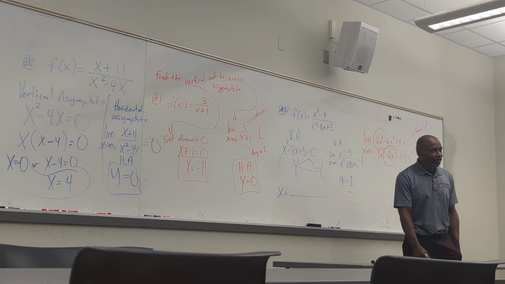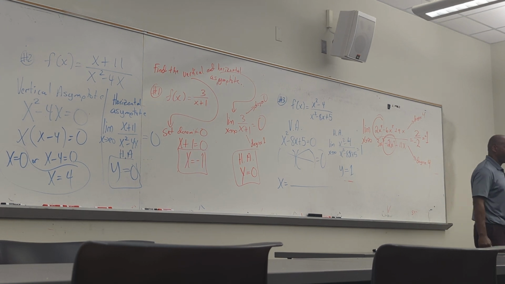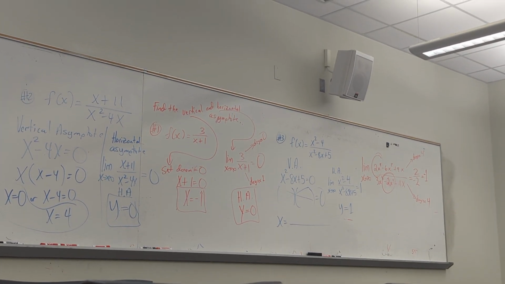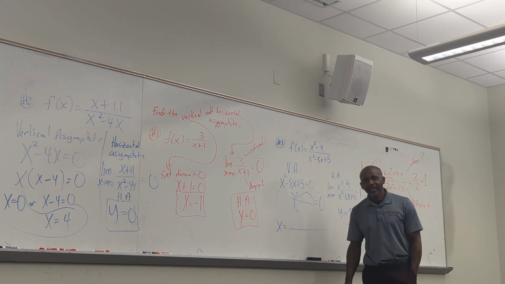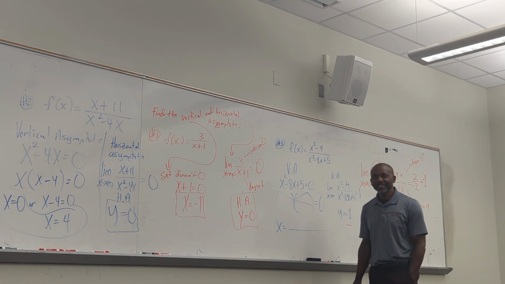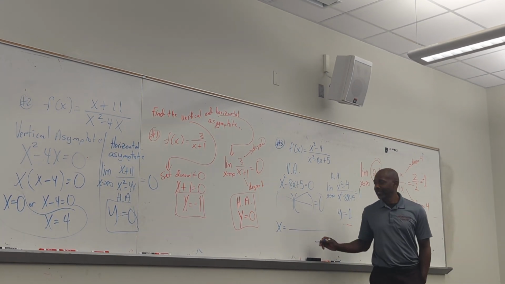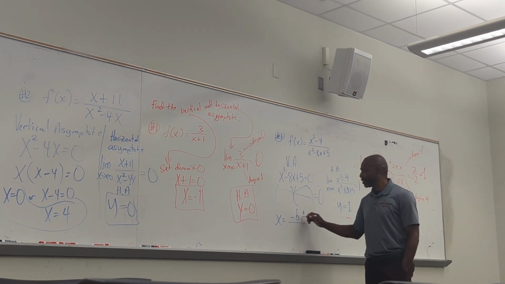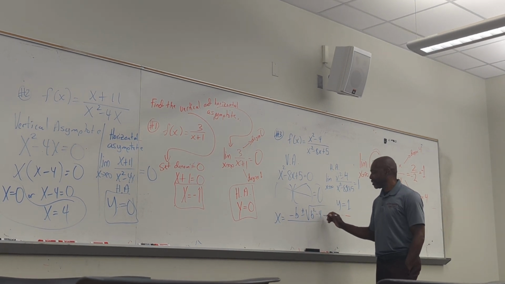The quadratic formula: negative b plus or minus the square root of b squared minus 4ac, all over 2a. You good, class?